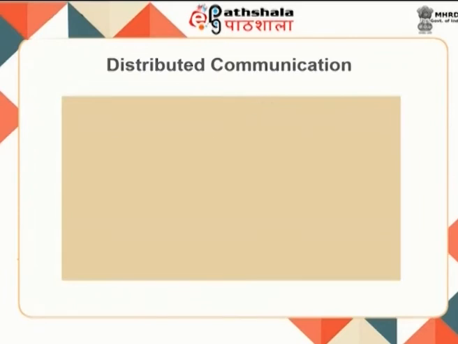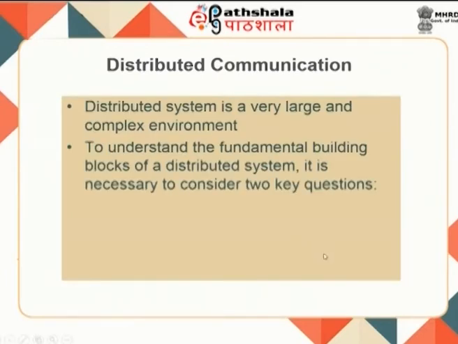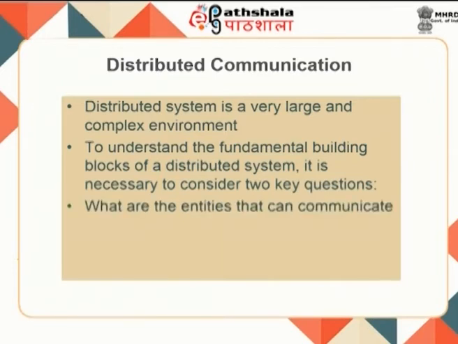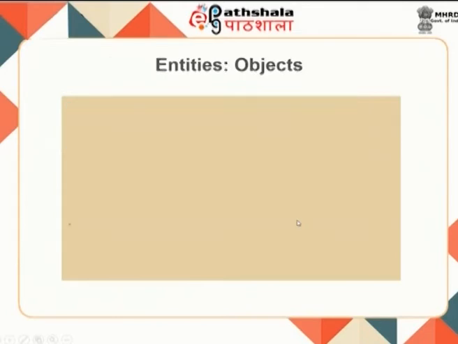Let us come back to the basic requirements of distributed communication. Since it is a very large system, first we have to understand who all are trying to actually communicate with each other. So, let us look at the entities that are trying to communicate with each other. The first entity is an object.